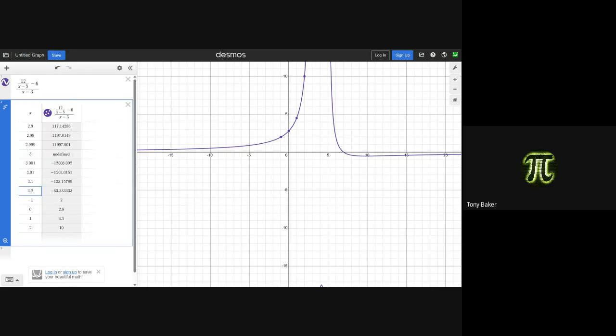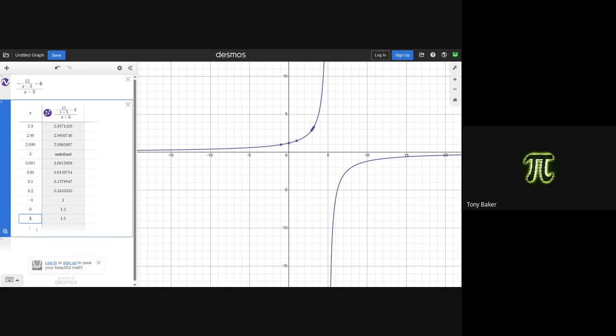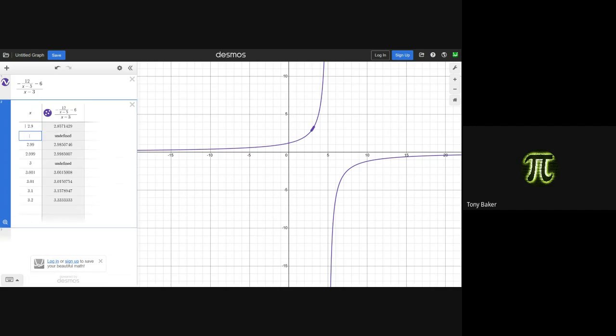Oh, I forgot the negative side. I'm like, why is this not coming out nice? That's why. I forgot the negative sign. There we go. And I think I forgot 2.8.